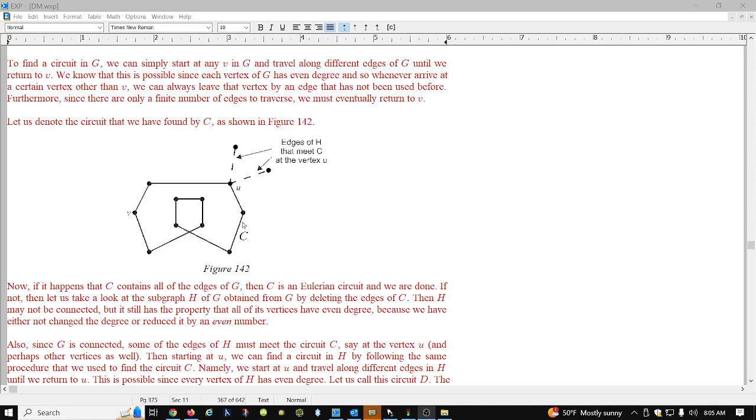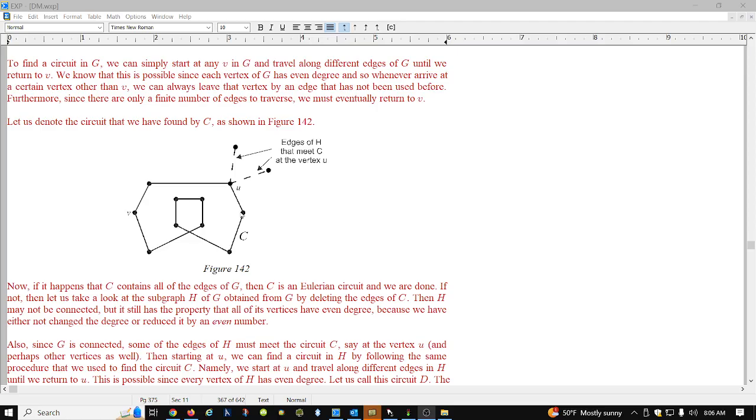We may have pulled the whole thing apart, but it still has the property that all of its vertices have even degree, because by removing C, we have removed two edges from each of the vertices in C. And so we've dropped the degrees by 2, and so we still have even degree for every vertex.